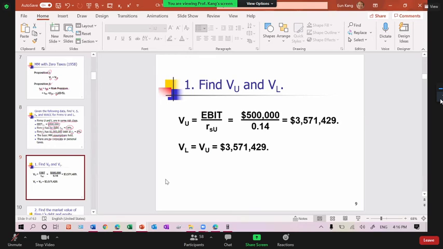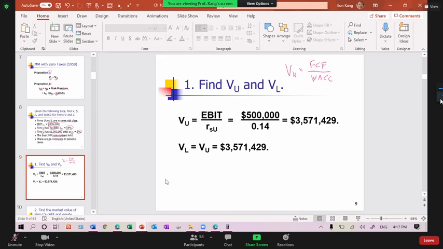So VU is EBIT over RSU because what? VU is, according to the practice we did, free cash flow over WACC, right? And free cash flow is what? EBIT times (1 minus T) minus change in operating capital.